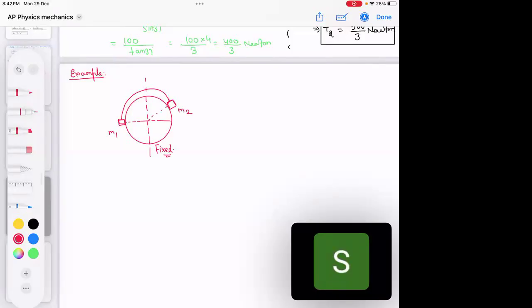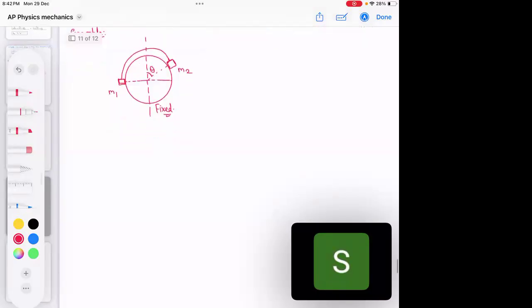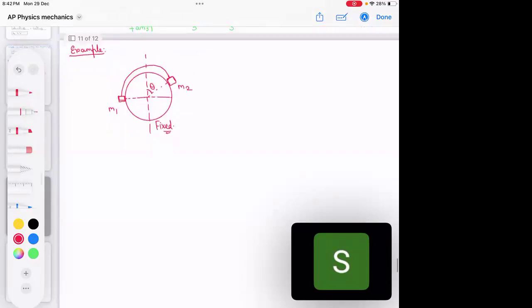And they are asking, what should be the value of theta? Do you understand the question? Question they are asking, find the value of theta. Smooth surface. Right now, I am not yet considering the friction condition. I am considering the smooth surface.